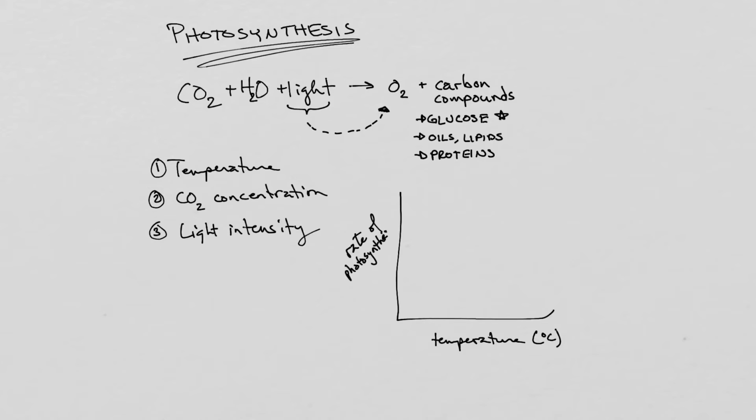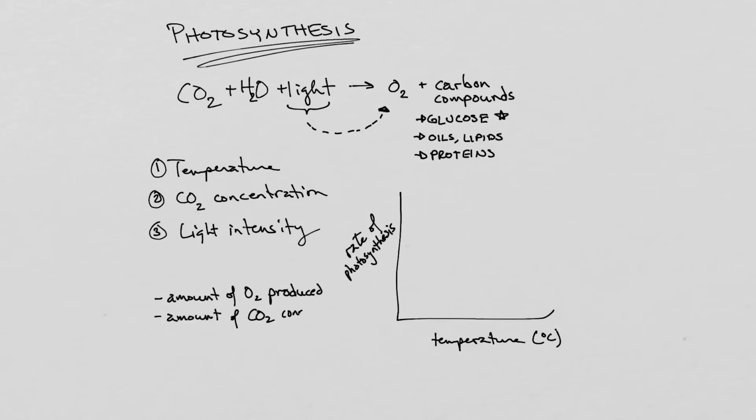Now, there's all kinds of things we can do to measure rates of photosynthesis. What are some of those kinds of things we could do? We could measure the amount of oxygen produced. There's a few ways we could do that. We could use some sort of digital meter that can detect oxygen, or we could put a plant in some water and watch the oxygen bubbles bubble off of it, and we can count the bubbles. We can measure the amount of CO2 consumed.